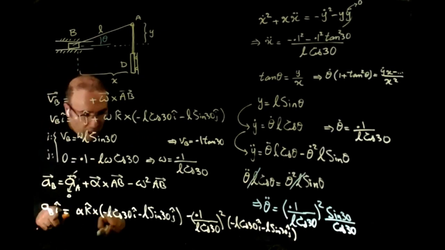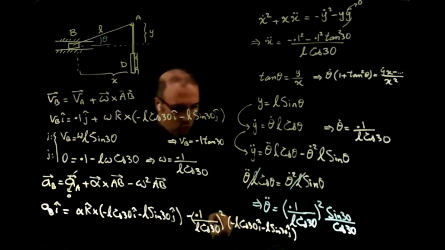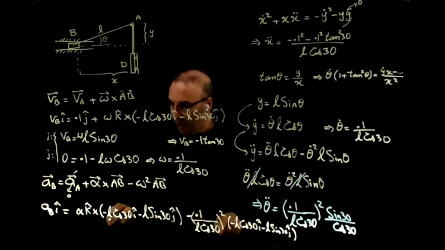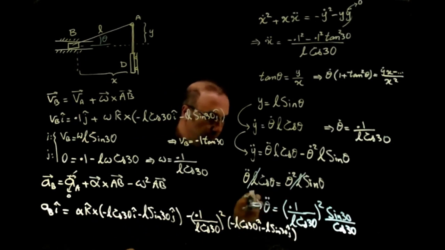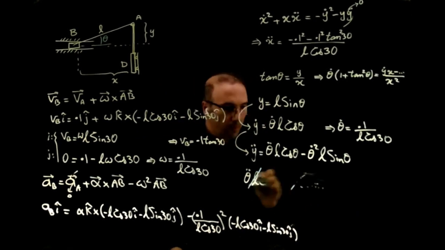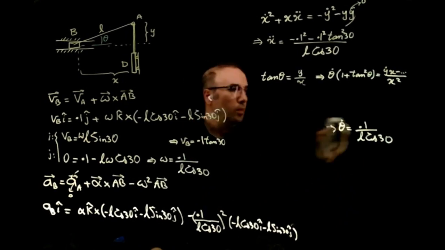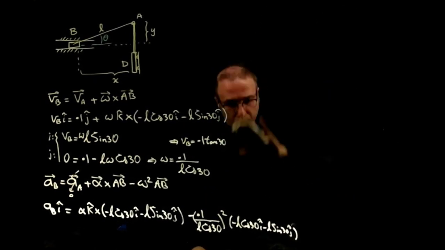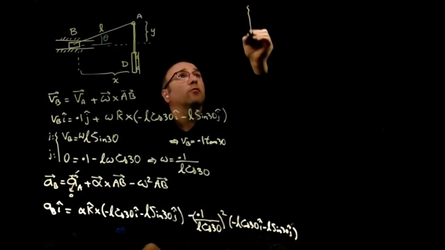So like before, I would have two components, I and J.